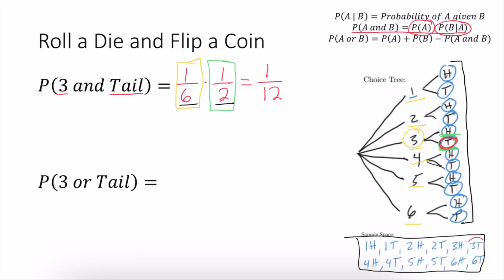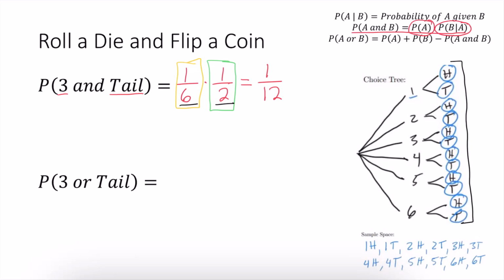Or in the sample space part, it's this outcome right here. So that's why we multiply the fractions together when we're doing AND probabilities, because we're basically using the fundamental counting principle to find the number of possible outcomes as well as the number of favorable outcomes, which in this case was getting a 3 and a tail. So that's why the formula works for that situation.